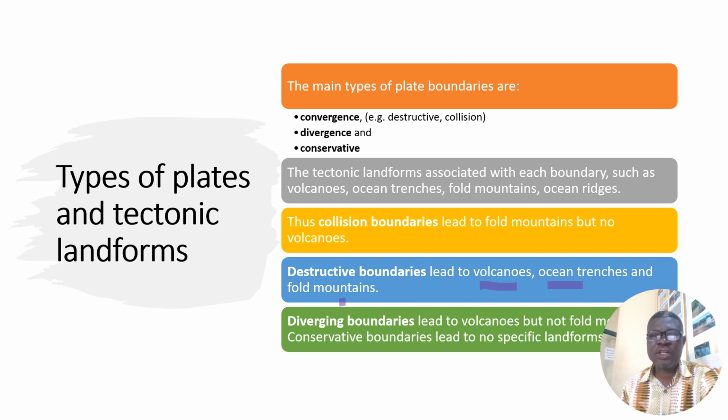Divergent boundaries lead to volcanoes, but not fold mountains. You can't find fold mountains at divergent plate boundaries, but you can have the mid-ocean ridges. At conservative margins, you cannot find volcanoes and you can't find fold mountains, but there are earthquakes at that point. These are the specific distinctions that we need to take into consideration.